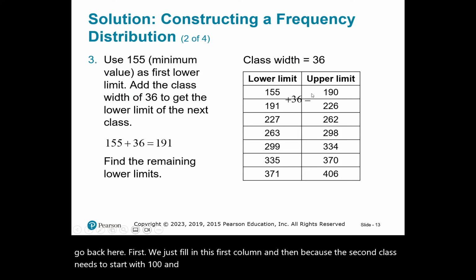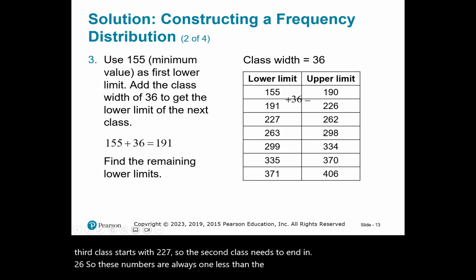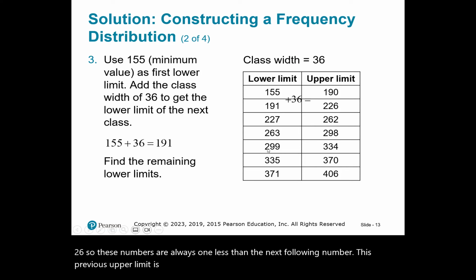Because the third class starts with 227, the second class needs to end in 226. So these numbers are always one less than the next following number. This previous upper limit is one less than the next lower limit. That's how we fill the numbers for upper limit.